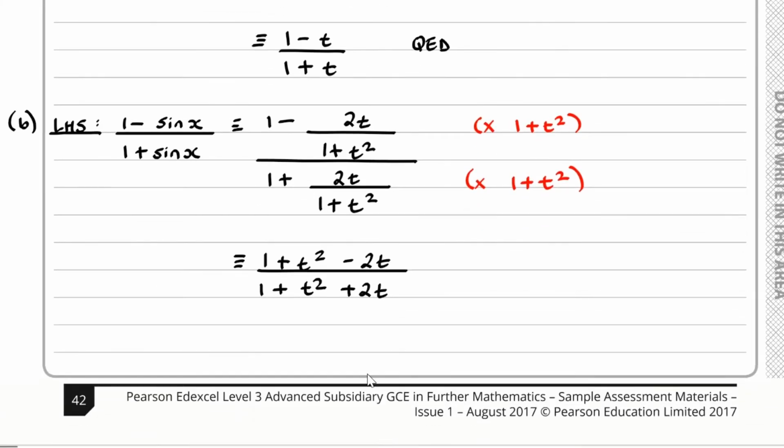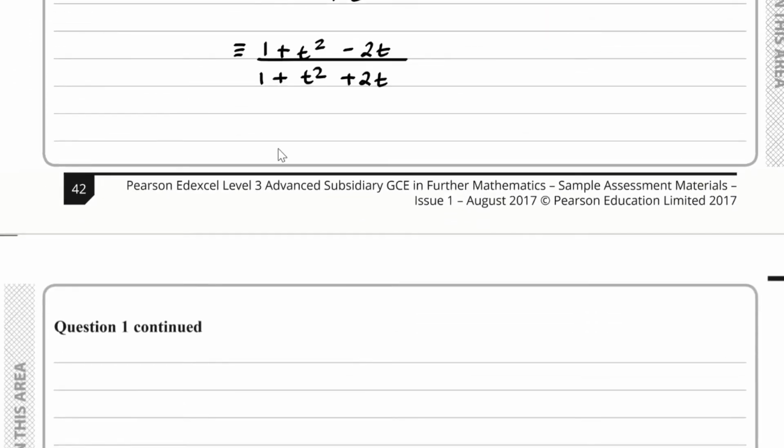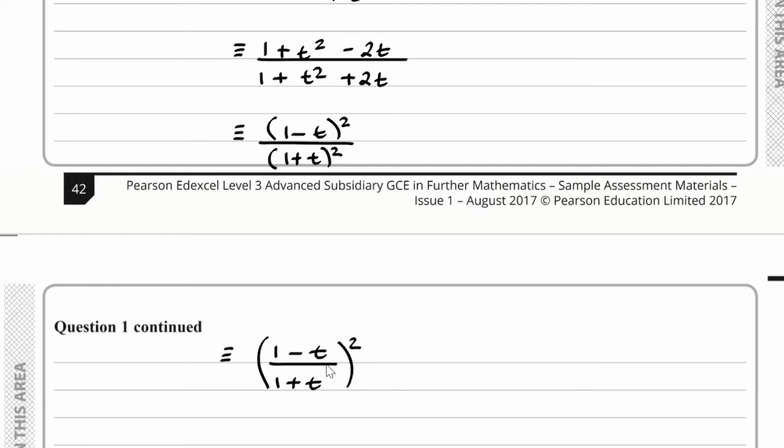Hopefully you can see that we can factorize this. On the top we have (1 minus t) all squared over (1 plus t) all squared, which, happily for us, is the same as ((1 minus t) over (1 plus t)) all squared.